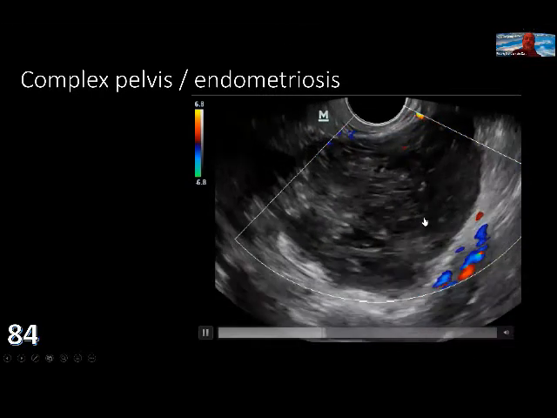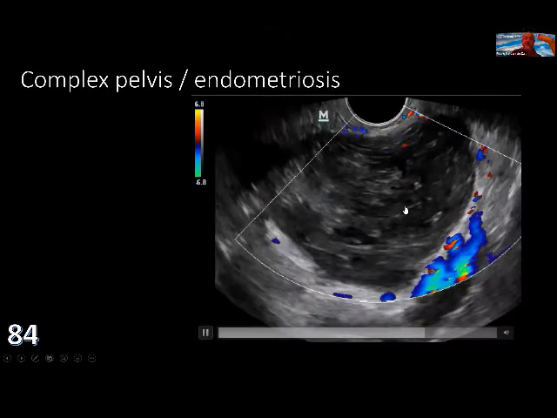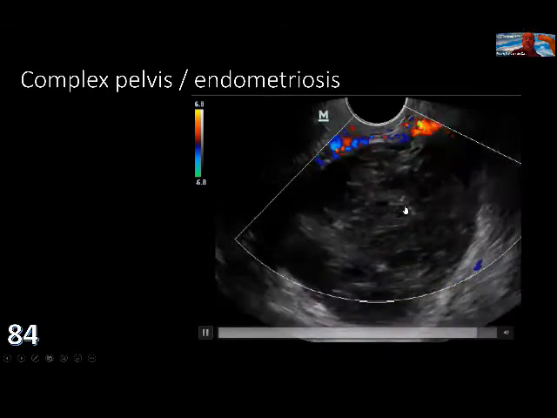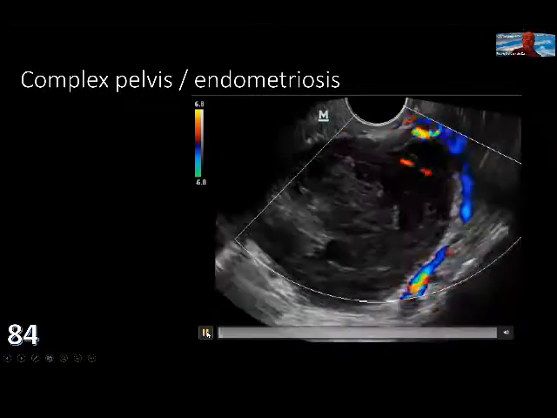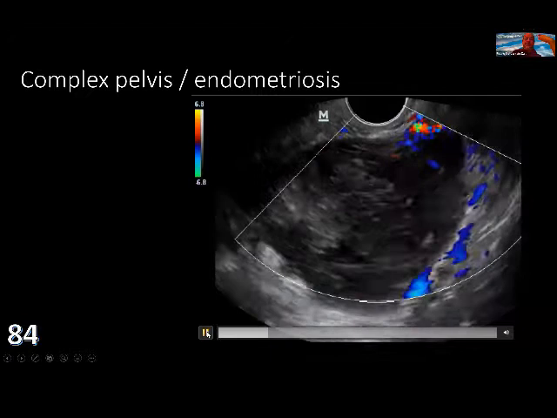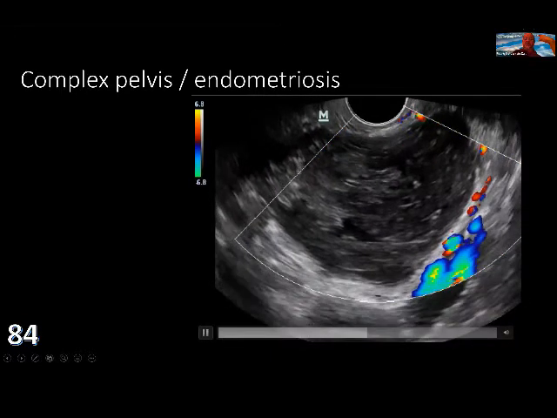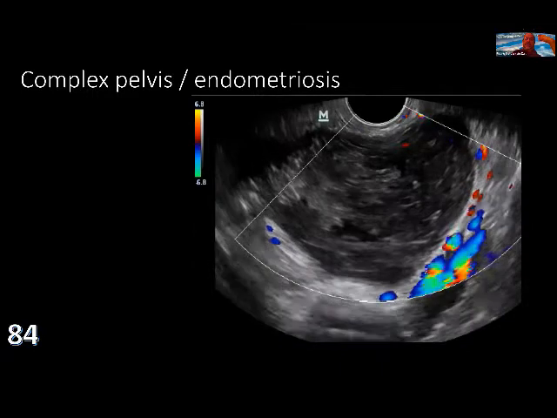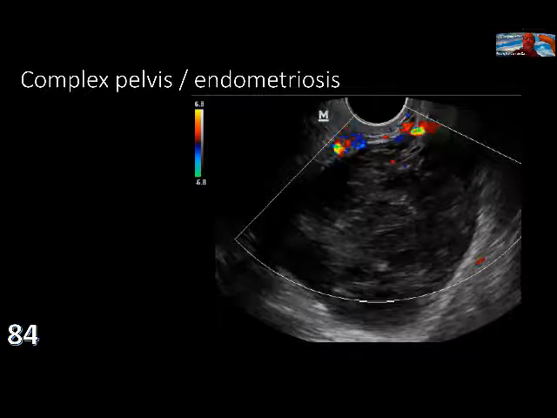Here, we see a mass that we can squeeze a bit. Blood vessels surround the mass, not much inside the mass. Sometimes it's attached to the ovary. We cannot differentiate between the ovary and the mass.